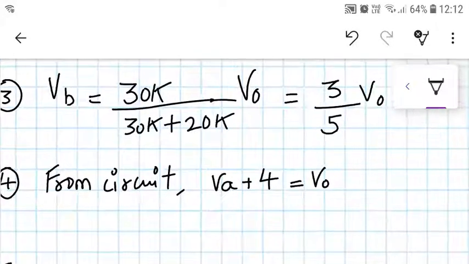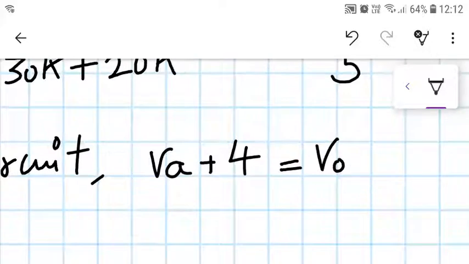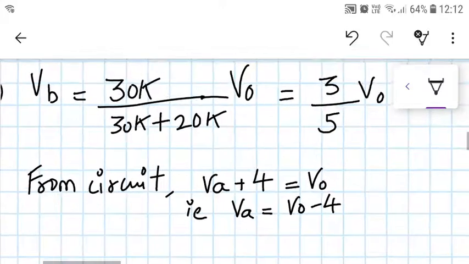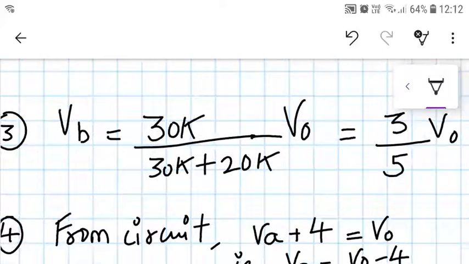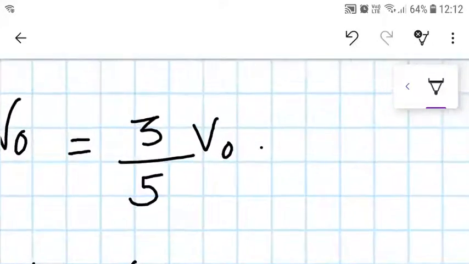And haven't we determined already what VO is? So here we can write it as follows: VA is equal to VO minus 4. Now we will substitute. In step number 3, we have got the value of VB, which is 3 upon 5 times VO, which is approximately equal to VA itself.